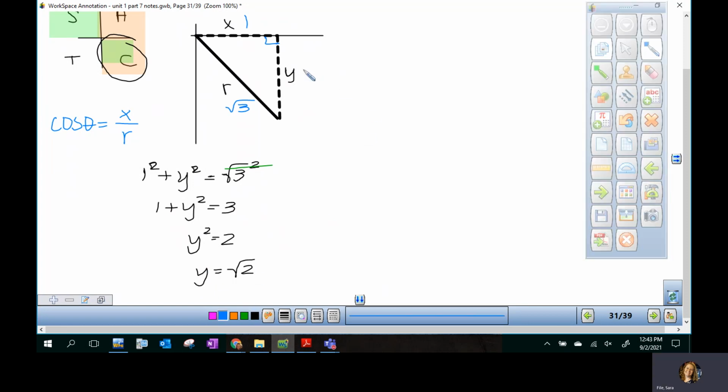I'm going to label that in my picture. Now, is it positive or negative? I know when I do Pythagorean theorem, it's coming out positive, but look at what quadrant we're in. How do you know it's negative? Yeah, because it's the y value. In quadrant 4, y is negative. I'm going over and down.